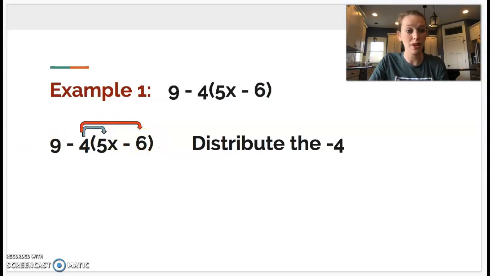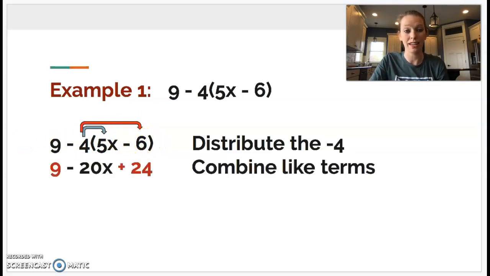And when we do that, we are going to get -20x from doing -4 times 5x. And then we're going to do that -4 times that -6. And since it's two negatives, that makes it a positive. And 4 times 6 is 24.